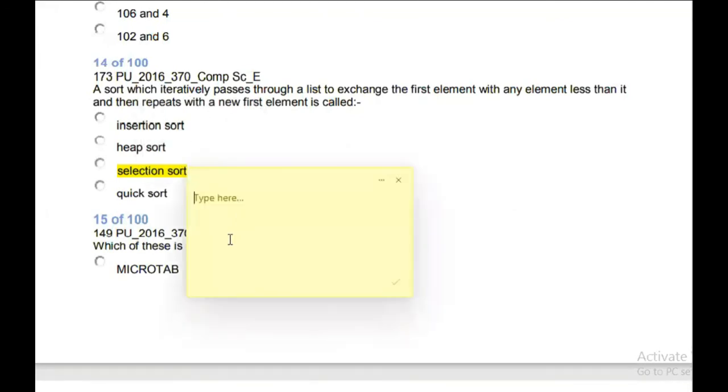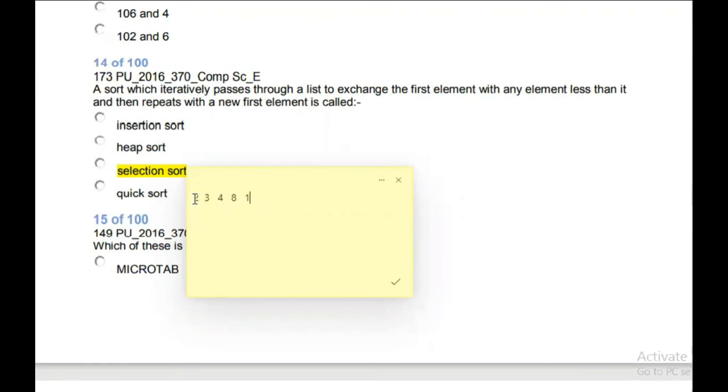For an example, if the elements we are going to sort are 2, 3, 4, 8, 1. The first element would be selected and compared with all other elements. 2 is compared to 3.